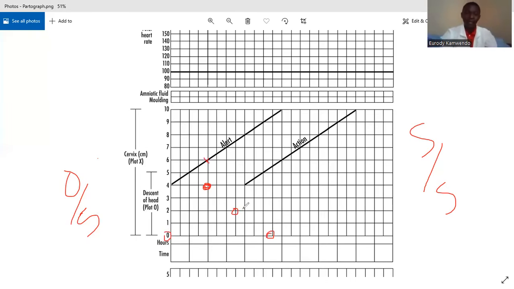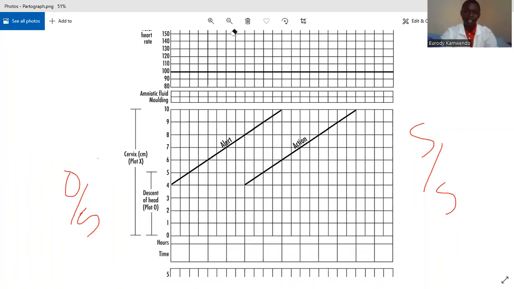So when the graph is moving in this manner for descent, this is normal, because it needs to move all the way from 5 going down to 0, because at 0 it means that you're now ready to deliver this particular woman. So that is how we plot descent, and we use our 5 fingers to assess how the baby is descending, entering, passing or negotiating through the pelvic brim.